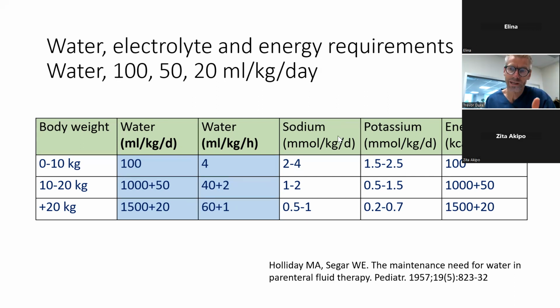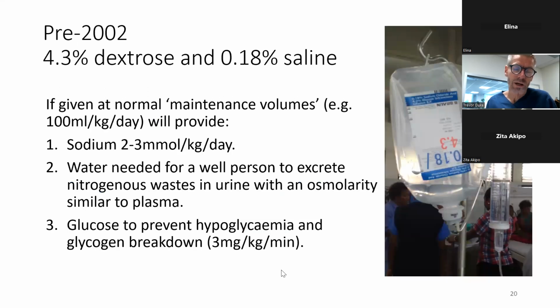Okay, so we're talking about how the maintenance fluids have been designed on well children, and the amount of water and sodium and potassium has been identified. That was a long time ago, but based on that, we used to use this fluid called 4.3% dextrose and 1/5 normal saline.